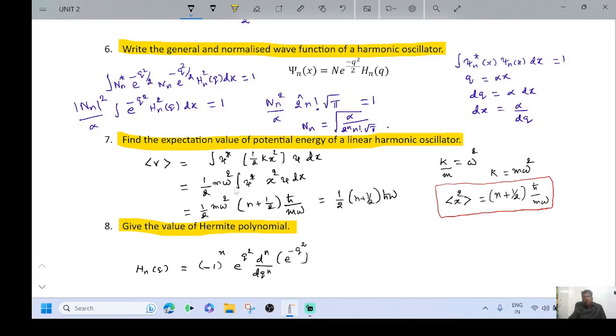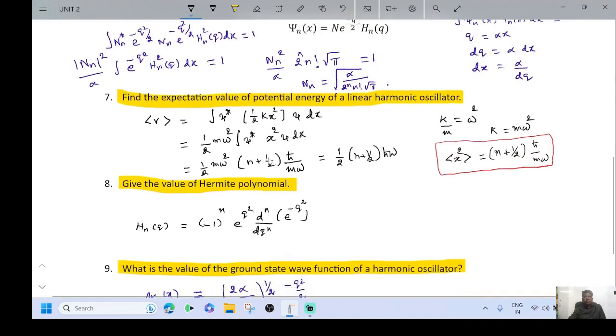Then we get 1/2 mω² integral ψ* x² ψ dx. This is our expectation of x². Expectation value of x² is (n + 1/2) ħ/(mω). If we substitute this, we get 1/2 (n + 1/2) ħω as the expectation value of the potential energy. This is half of the energy eigenvalue of linear harmonic oscillator.